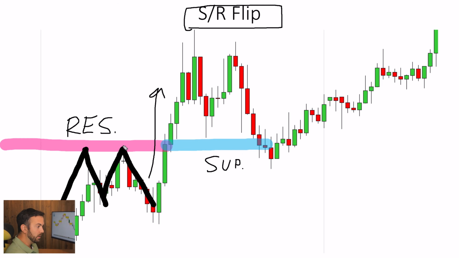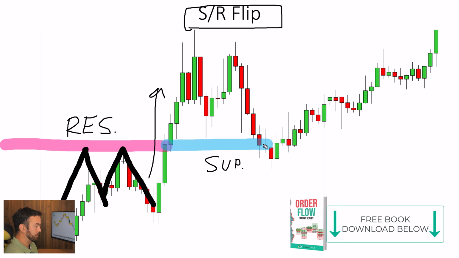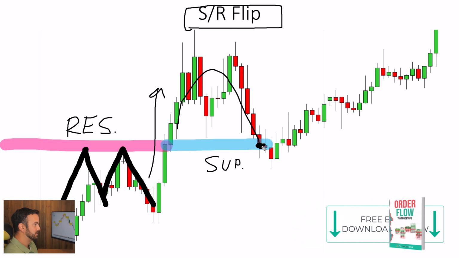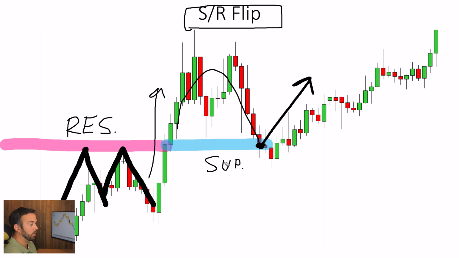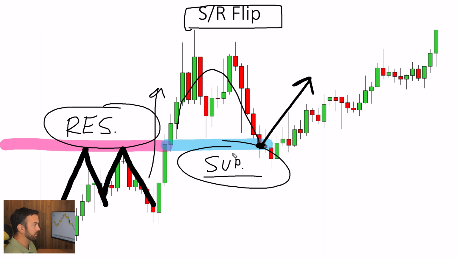Anyways, this resistance became a support, and that means that when the price comes back to this level, then this is a place to go long, right? Long from this newly formed support. And this is why the setup is called support resistance flip, right? Because resistance turned into a support.